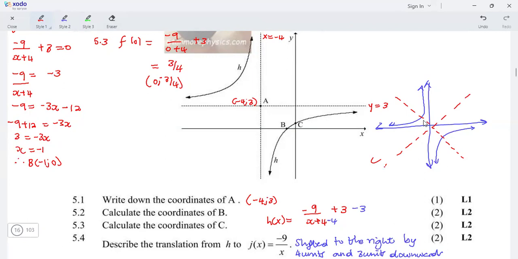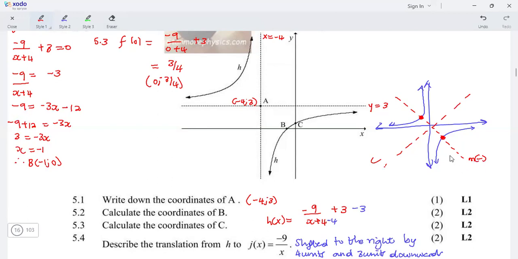Do you see that the closest points to the origin, this is the point that is closest to the origin here, and this is the other point that is closest to the origin. Where do these points lie? They lie on the axis of symmetry that has a negative gradient. So you have to find the equation of the axis of symmetry with the negative gradient.